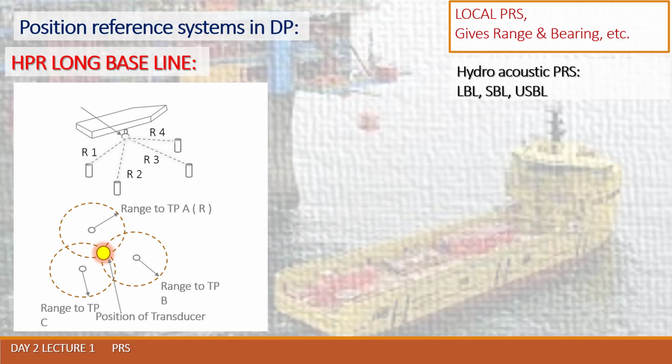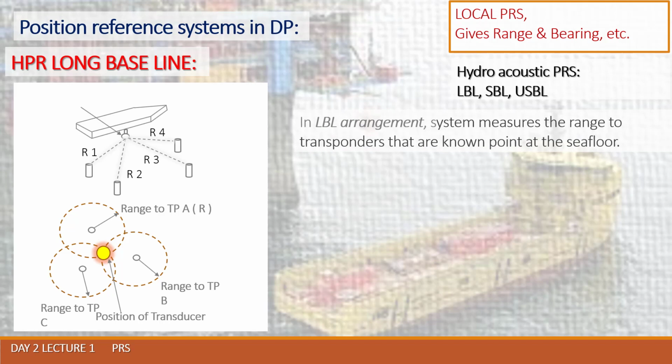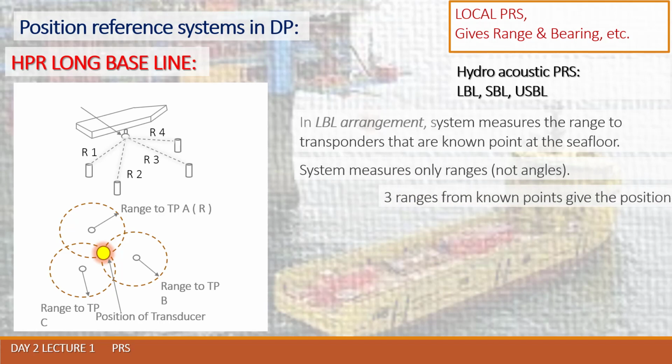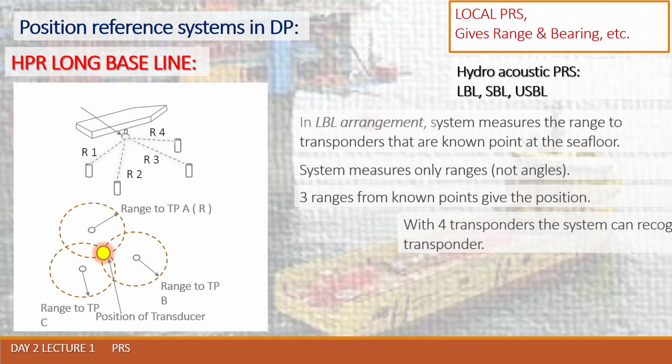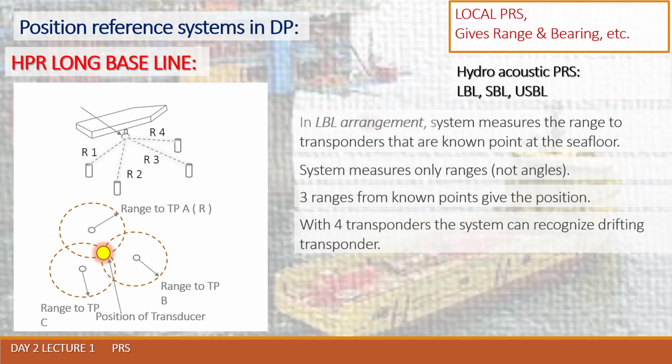Then, three ranges from known points give the position. With four transponders, the system can recognize a drifting transponder. So the method of position determination is very common with the navigation method of fixing the position of the vessel when three distances are available to known stationary objects.